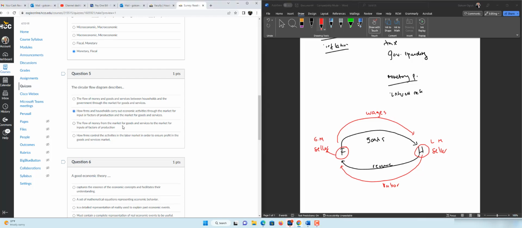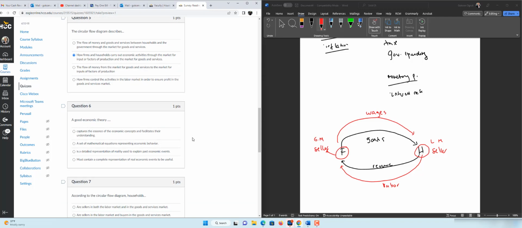The flow of money from the market for goods and services to the market for inputs: this is not completely describing the whole picture. There are two markets, the goods and services market, and the labor or factors of production market, and the circular flow diagram describes both.